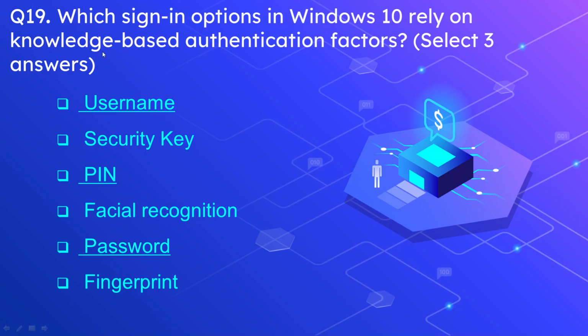So these are knowledge based. You must know your username, the PIN, and password to get authentication. While the fingerprint and facial recognition are known as biometric. These are based on biometric features that you possess. Security key is also something that you possess.